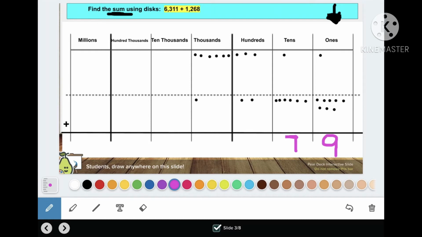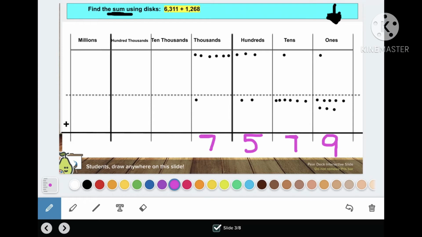Now let's move on to the hundreds. I have 3 hundreds plus 2 hundreds. What's my sum? Good job, 5 hundreds. And now I'm in the thousands. I have 6 thousands plus 1,000. What's my sum? Good job, 7,000.